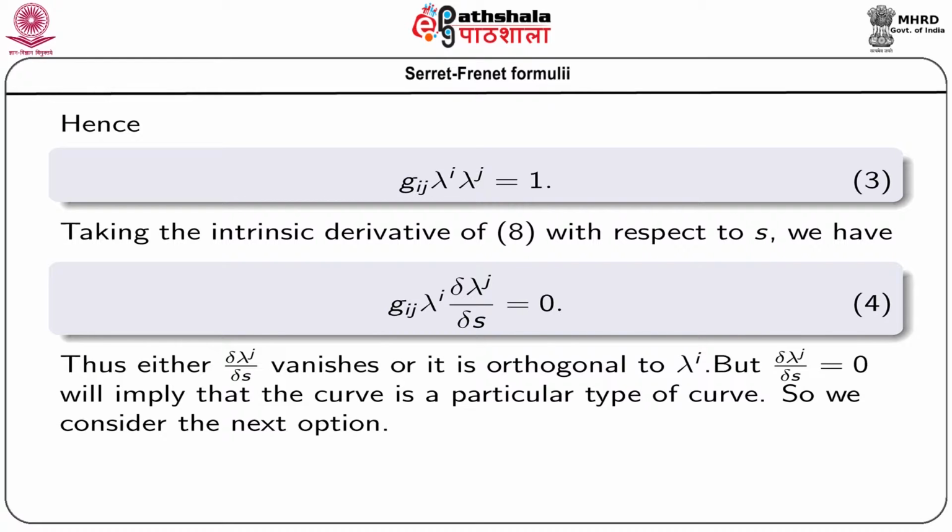So, δlambda^j/δs may vanish, or it is orthogonal to lambda^i, because for orthogonal vectors we have this type of condition. But δlambda^j/δs equal to 0 will imply that the curve is a particular type of curve, which we shall discuss later. So, we consider the next option, that means δlambda^j/δs is orthogonal to lambda^i.